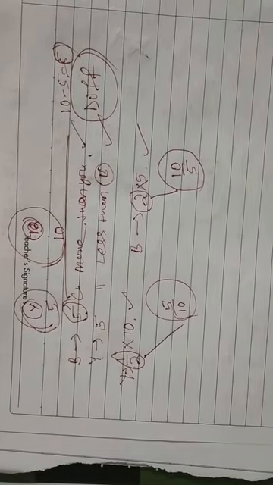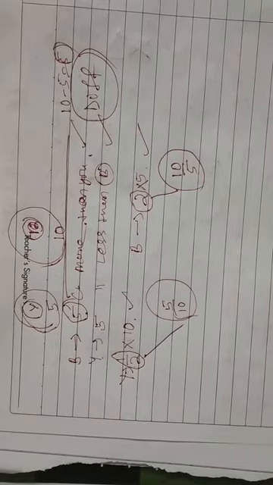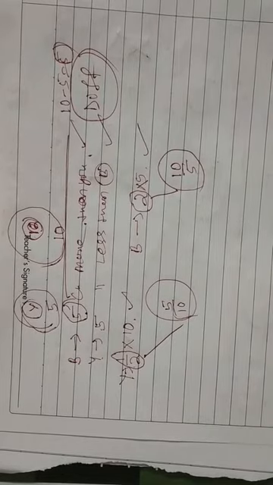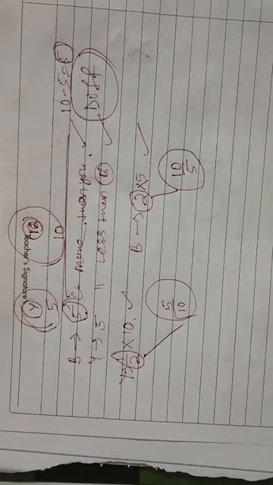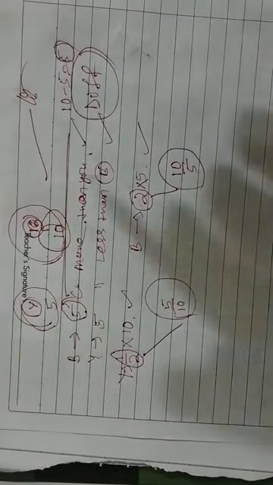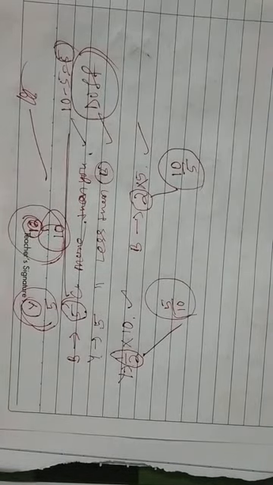Comparing 2 objects, 2 numbers, 2 values of the same kind is known as ratio. When we do comparison, I cannot compare chocolates with ice creams. Chocolates must be compared with chocolates.